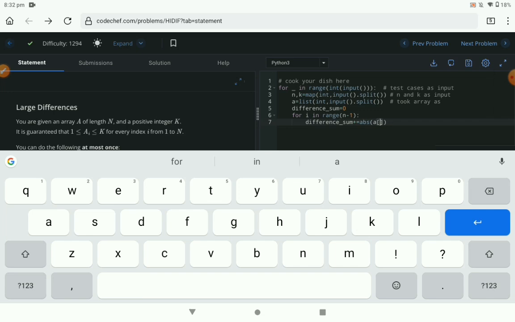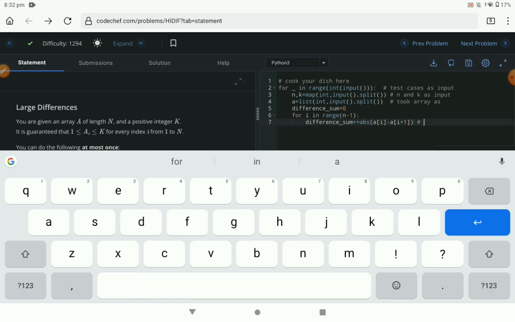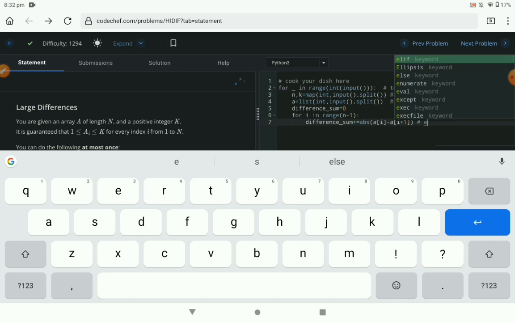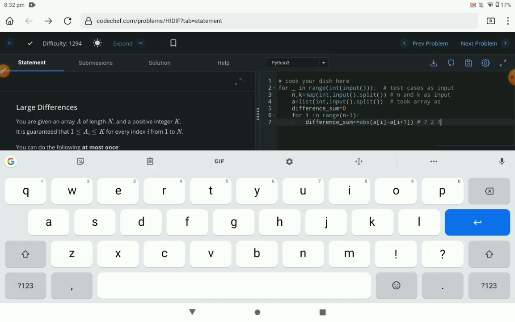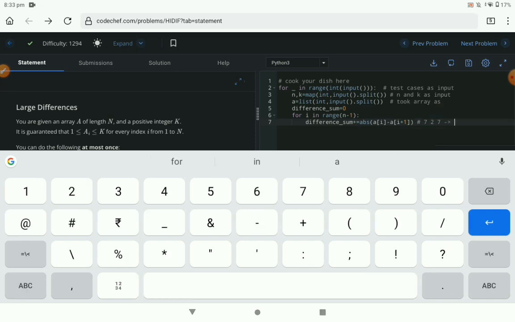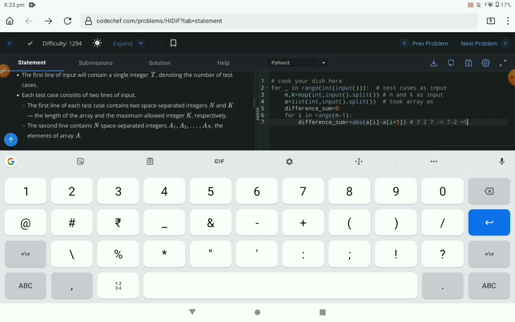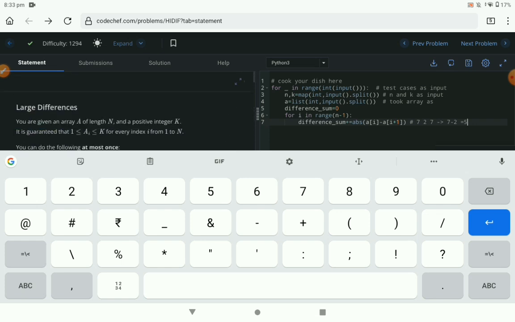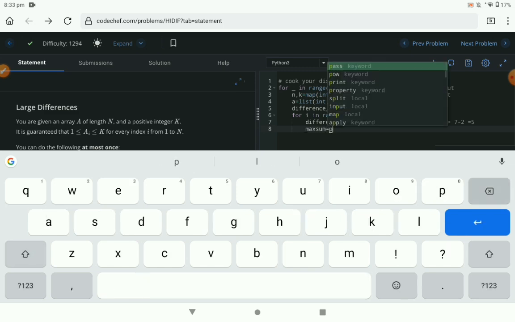It will convert negative to positive and keep positive as positive. So it keeps the original difference values. For example, 7 and 2: the original difference keeps the value 7 minus 2 equals 5 only. Is that clear? So now we will take max sum equals 0.